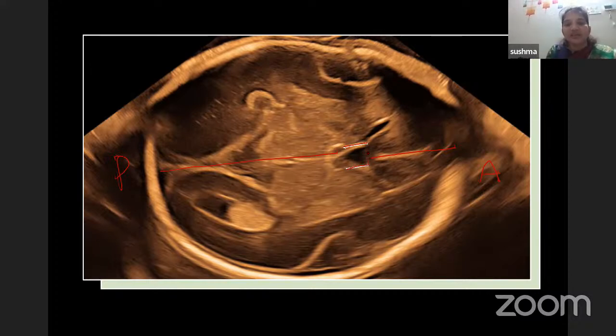And here, this is the posterior horn of the lateral ventricle. In transventricular plane, as we have discussed earlier, it passes through posterior horn of the lateral ventricle and also anterior horn of the lateral ventricle. So this here is the anterior horn of the lateral ventricle. And here, this is the posterior horn of the lateral ventricle.